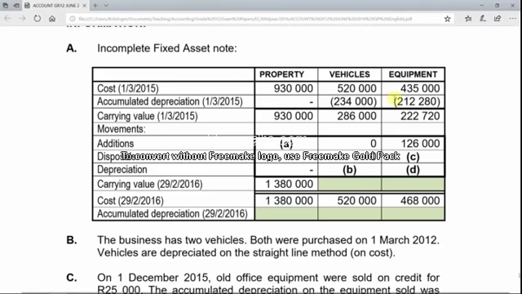So it was 435,000 plus 126,000, from which we had to subtract 468,000.